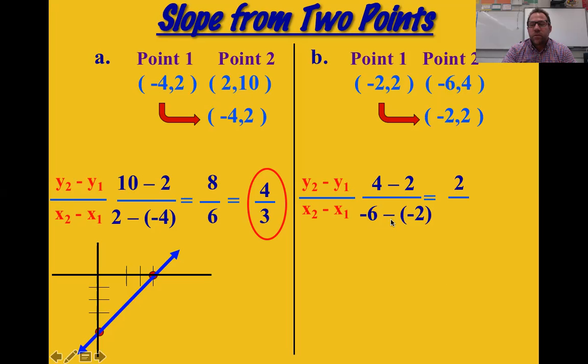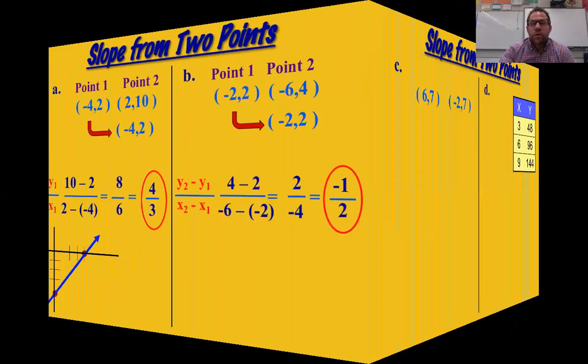Okay, and then here, these change that to a positive. So -6 plus 2 would be -4. And we can simplify that to -1/2. Okay, I think we've got maybe one or two more, and then we're done.